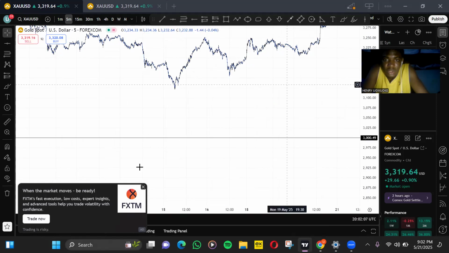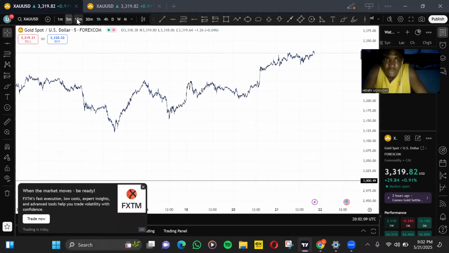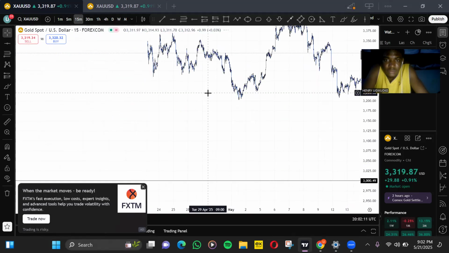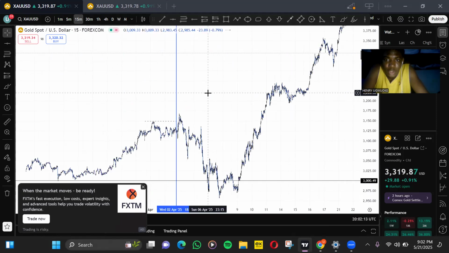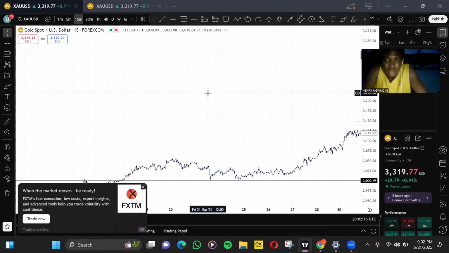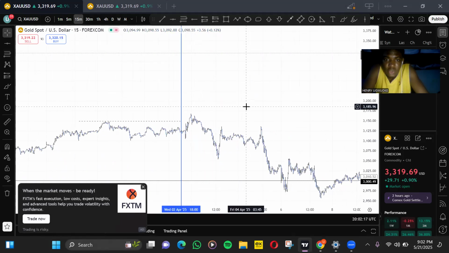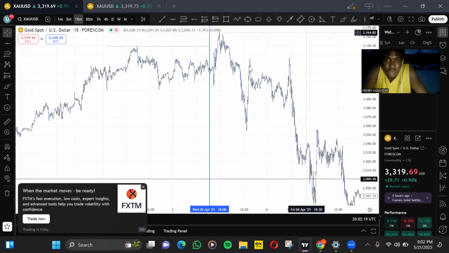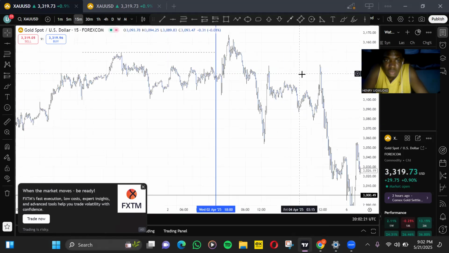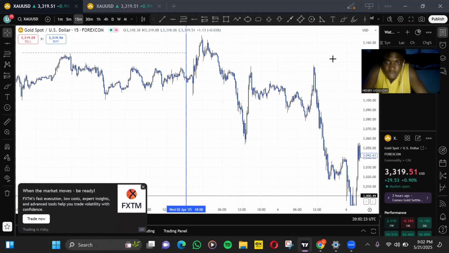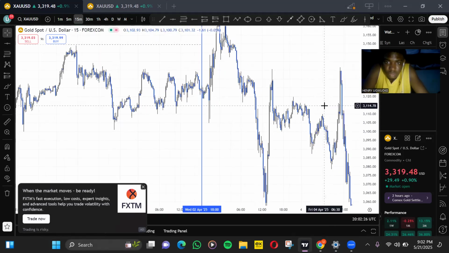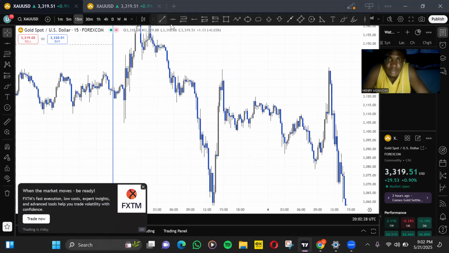But let's use the 15 minutes time frame. My POI will be clear on the 5 minute time frame, that was why I went to 5 minute time frame, but we can still manage 15 minutes. We're looking at this. Market didn't give us any setup around there until it dropped to this zone.